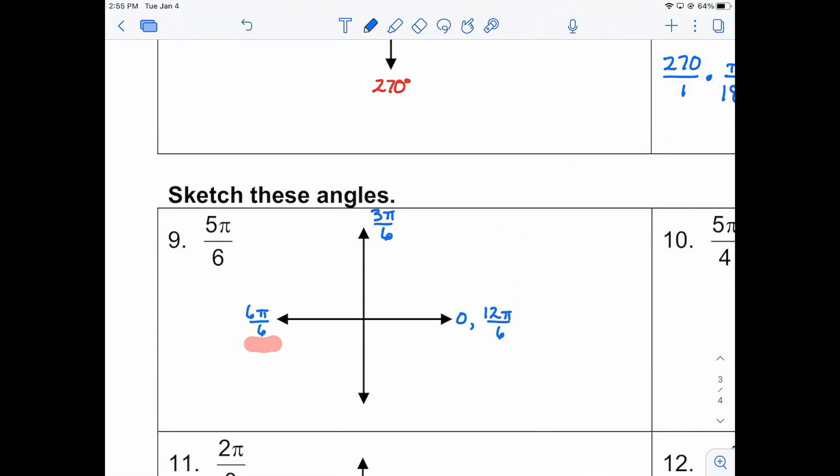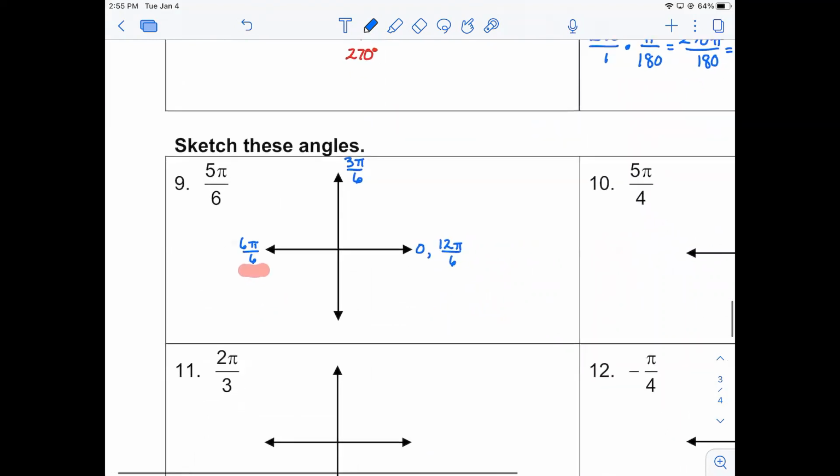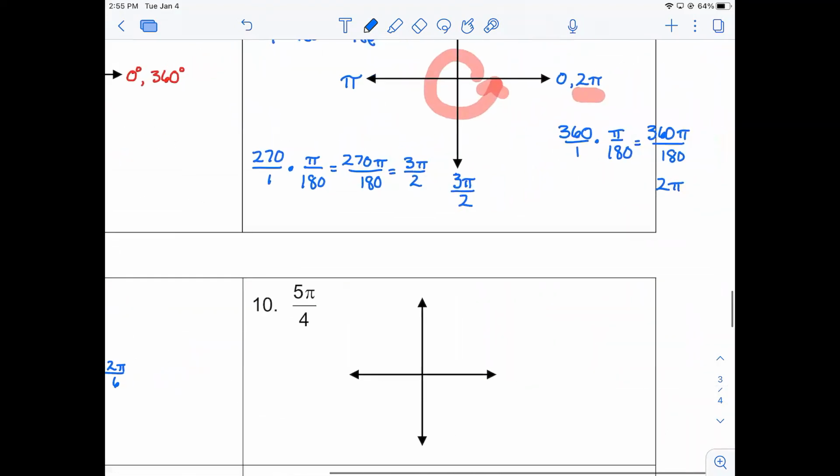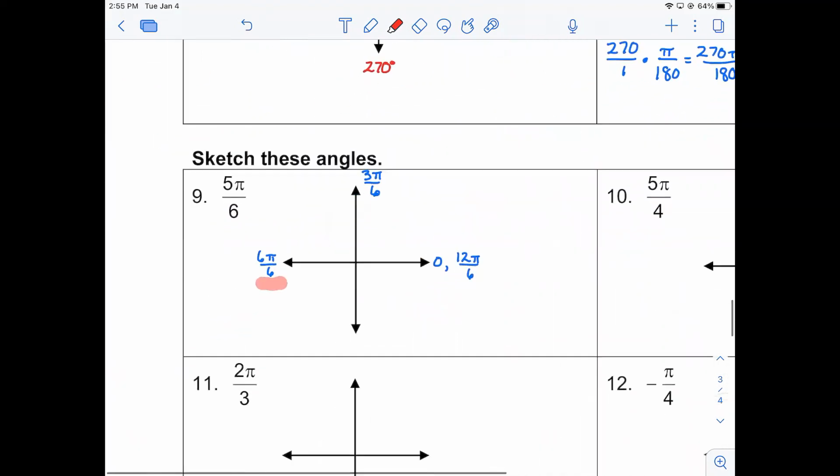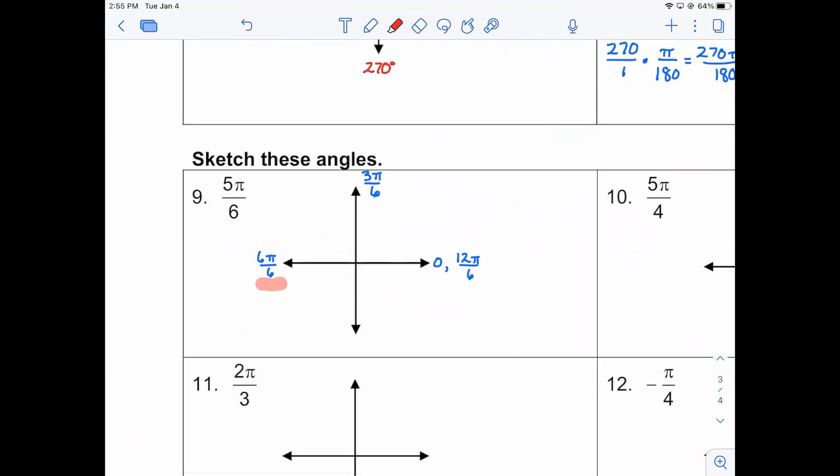Okay, so if I have 3 pi over 6, this one down here, this last quadrantal that we haven't done yet, is 3 pi over 2, or 3 halves pi. So if I have 1/2 is equal to 3, remember that's what we said up here, I need 3 of them. So 3 plus 3 plus 3 would give me 9 pi over 6.